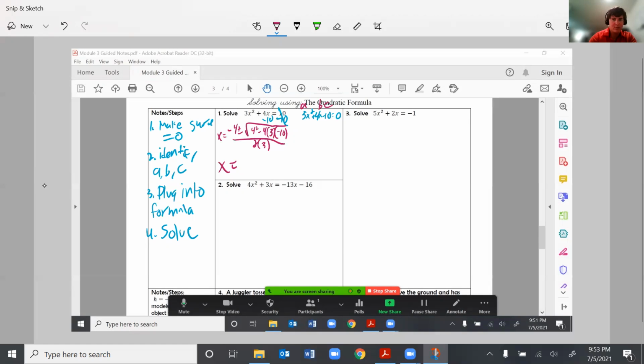You get x is about equal to 1.28. And x is equal to, they're going to do the same thing, but negative.